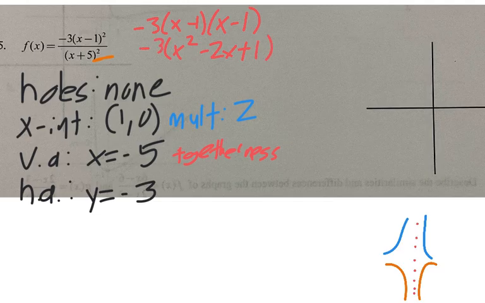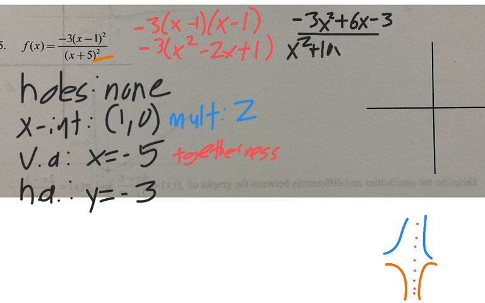And so the numerator is going to be -3x squared plus 6x minus 3. And then the denominator is going to be x squared plus 10x plus 25. Now can you clearly see the horizontal asymptote is at y equals -3? You may need to make sure you distribute it all the way out. It also makes it easier to identify the y-intercept.